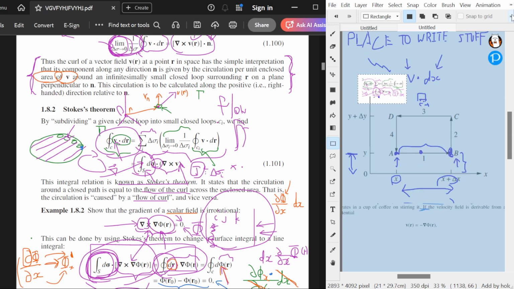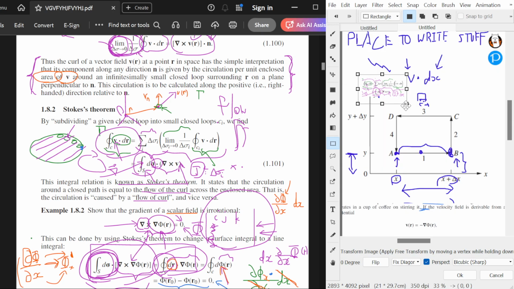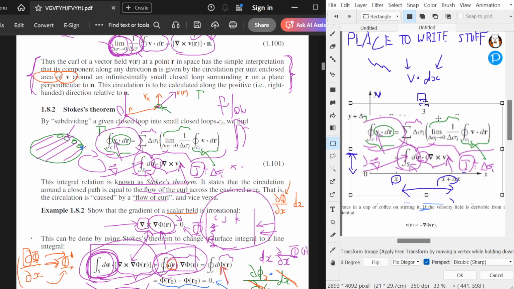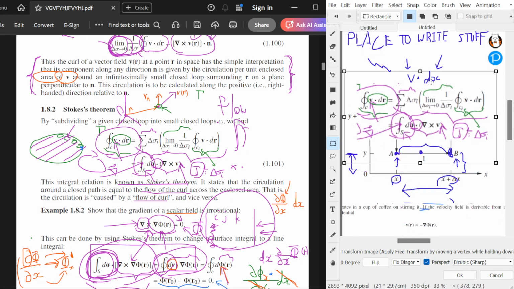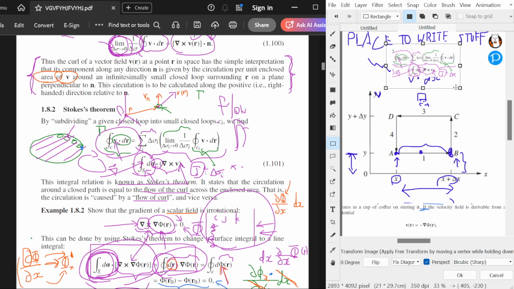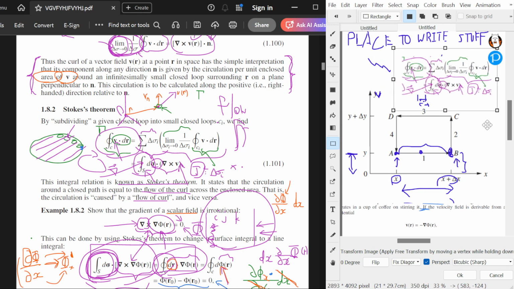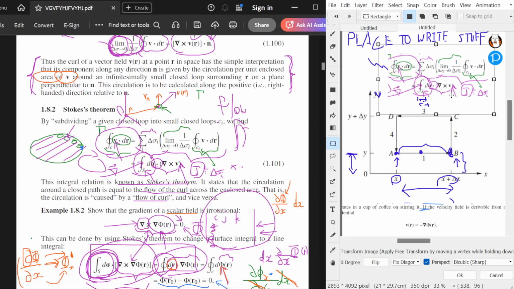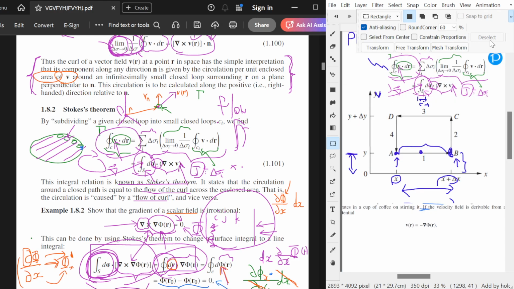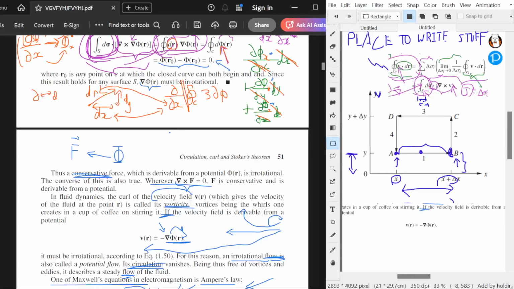Select, transform, make bigger. Where do I put this guy? I guess I'll put him over this because I don't really need this anymore. Transform, transform, deselect.